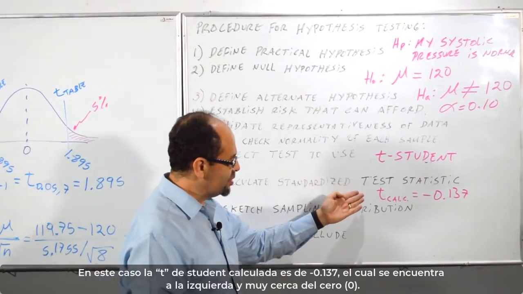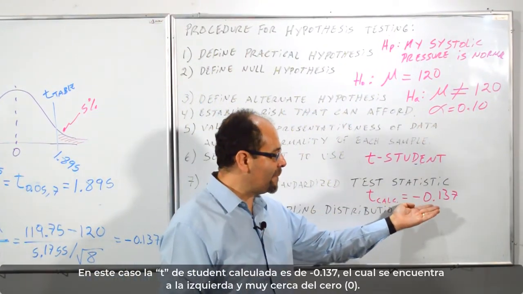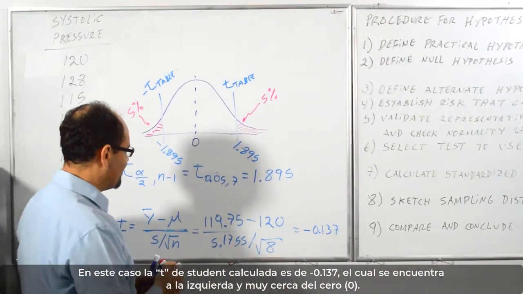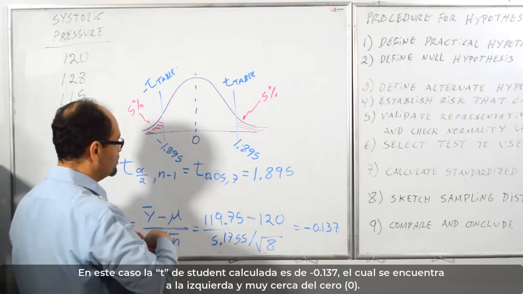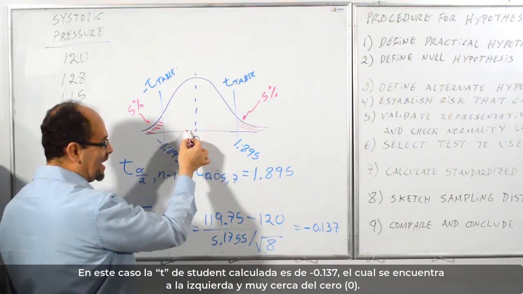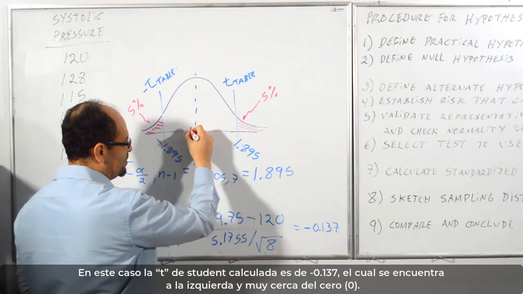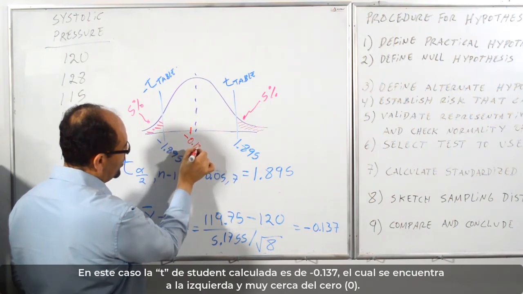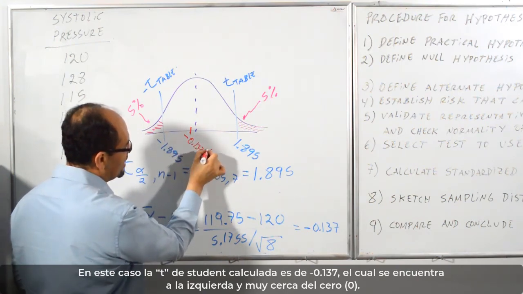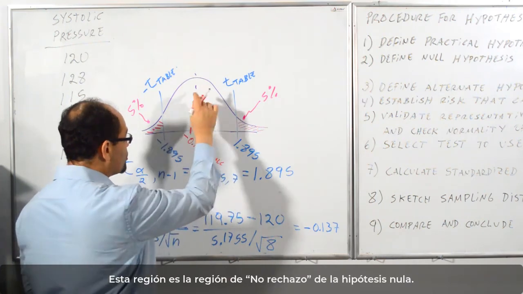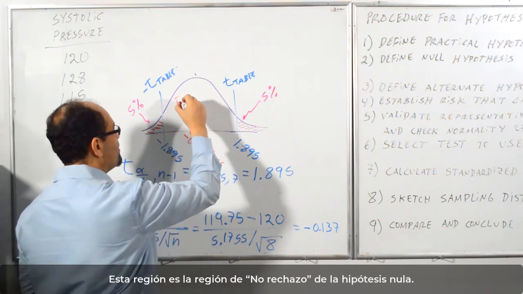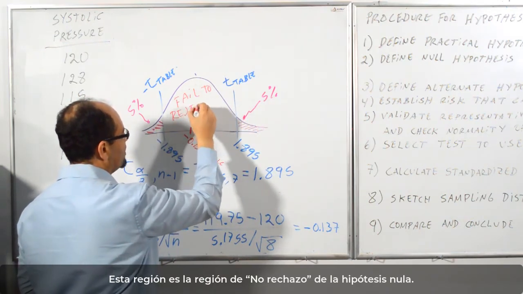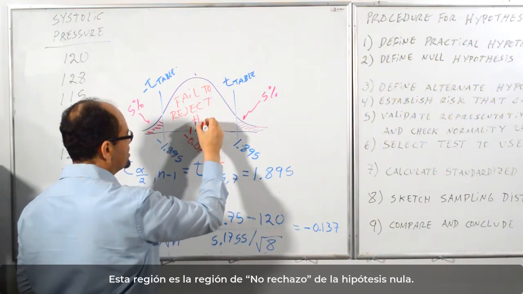Then I have to find out where the standardized test statistic calculated is. For this case, the t calculated was minus 0.137. Minus 0.137 is somewhere very close to 0, a little bit negative, and let me say that here the value is minus 0.137. That is the t calculated. This region is the region of fail to reject the null hypothesis.